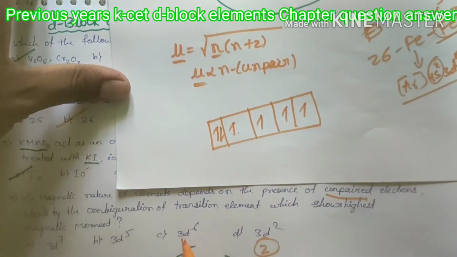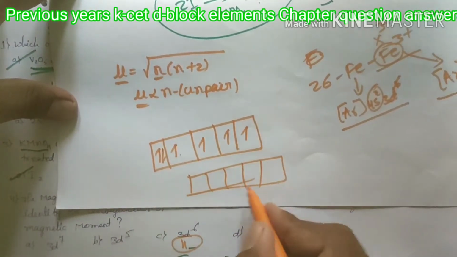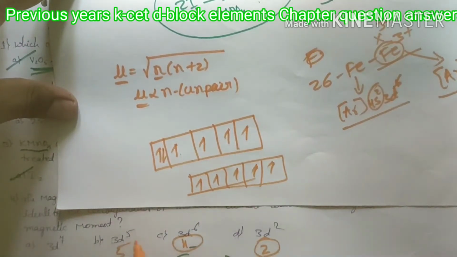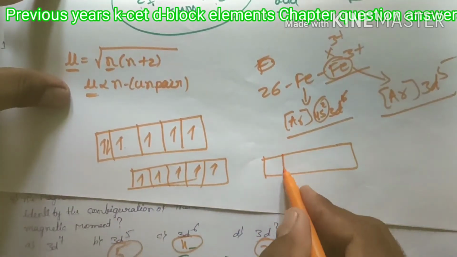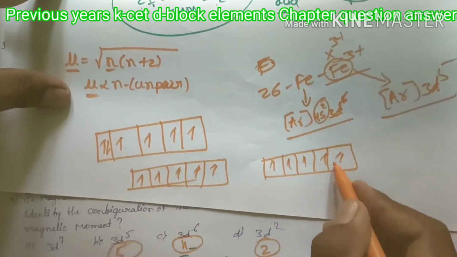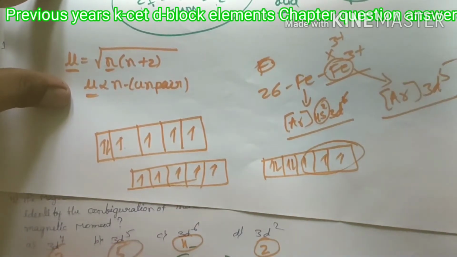Here 4. Next d5: d5 means there will be 5 unpaired electrons, filling 1 1 1 1 1, all 5 are unpaired. Go for d7: first electrons fill singly, then pairing up, therefore there are 3 unpaired electrons.